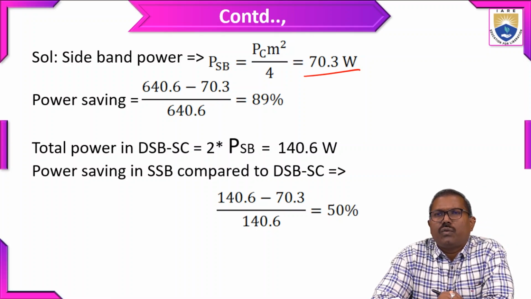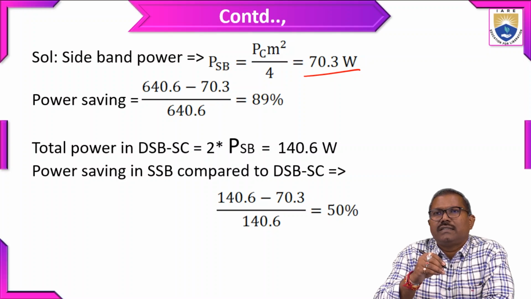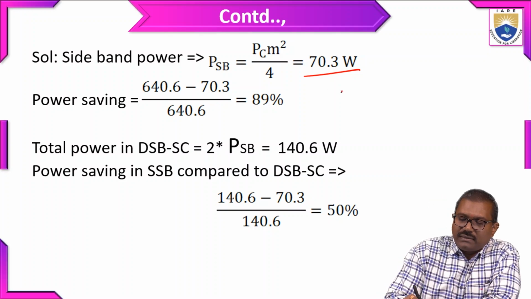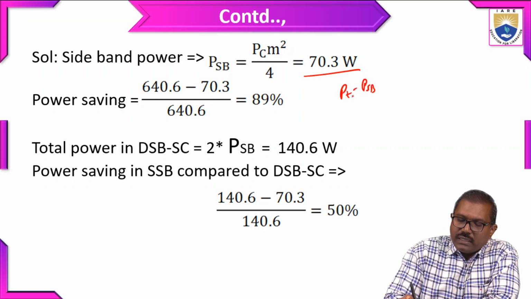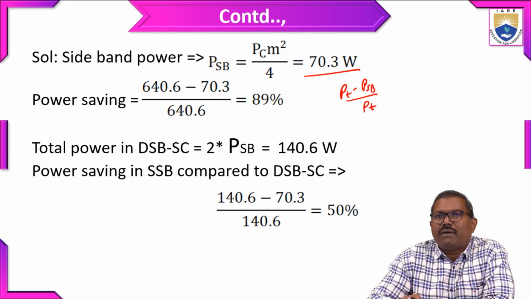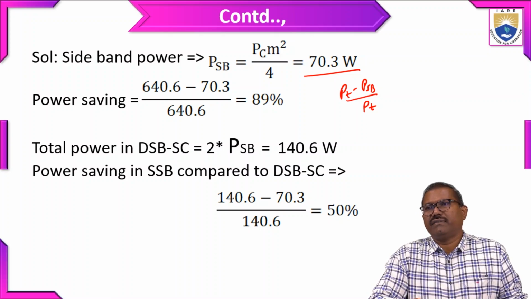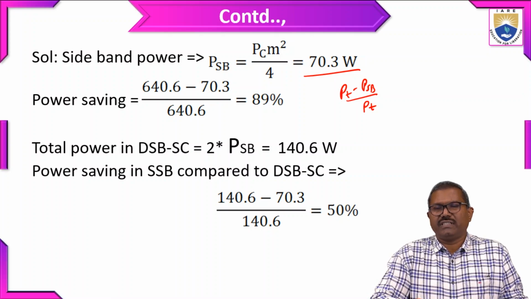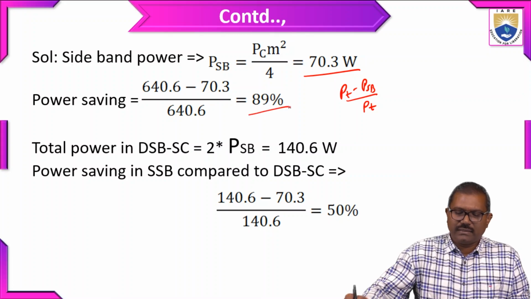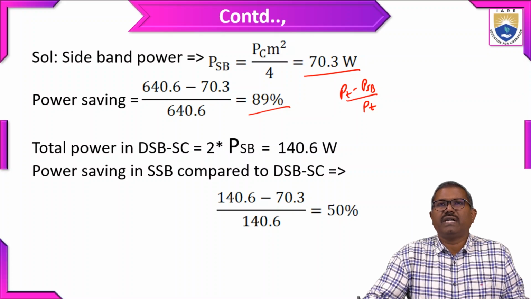So now we are going to find how much power is saving. So PT minus PSB divided by PT. So total power minus sideband power divided by total power gives how much power saving. So that is 89% power is saving when compared with the AM.